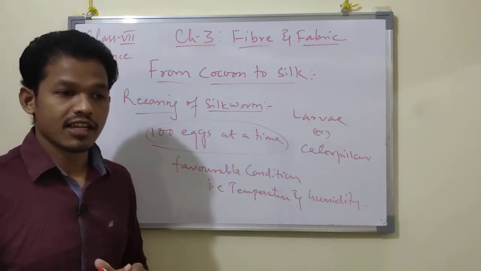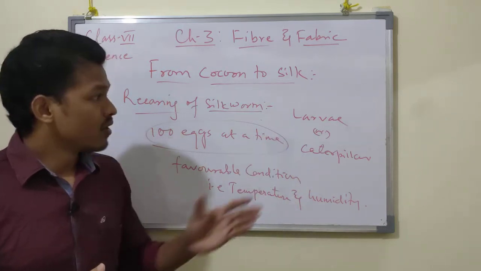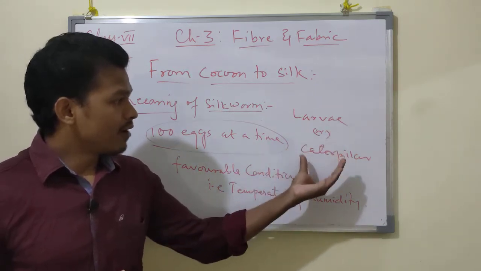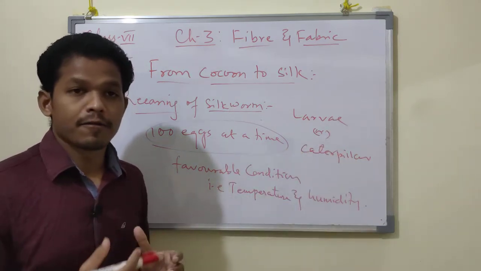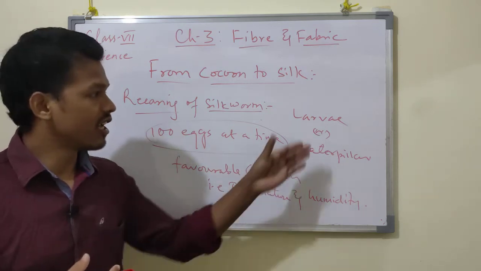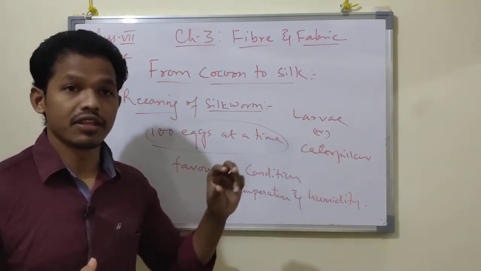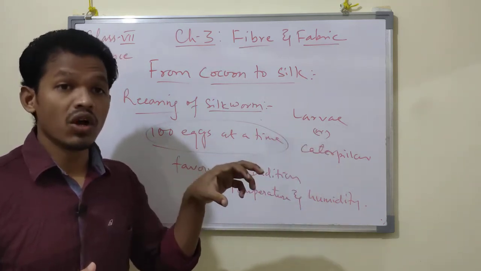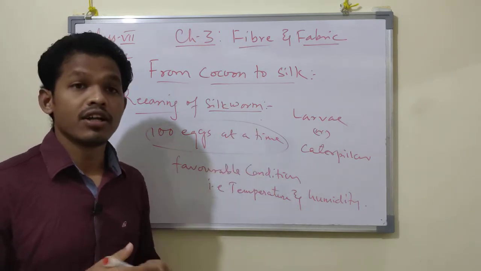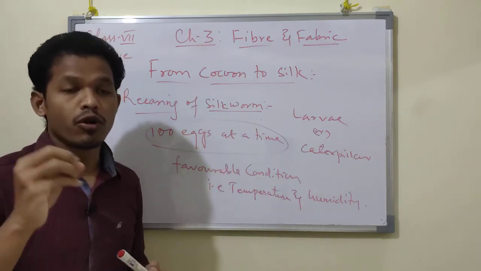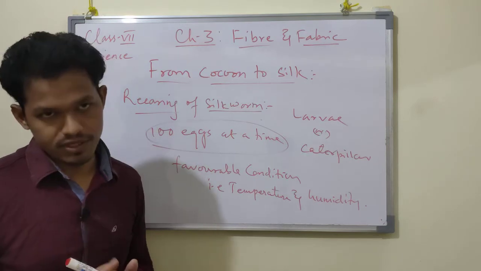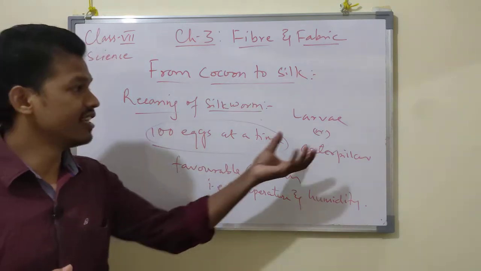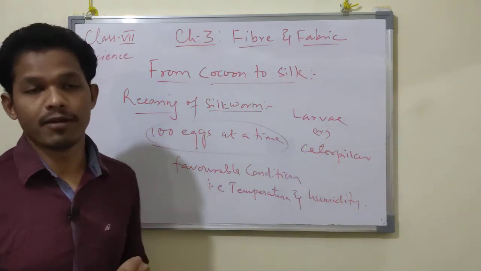After some days, as soon as the larvae or caterpillars have hatched and grown, it is the right time when the mulberry tree produces a fresh crop of leaves, so that the larvae can be fed on those leaves.